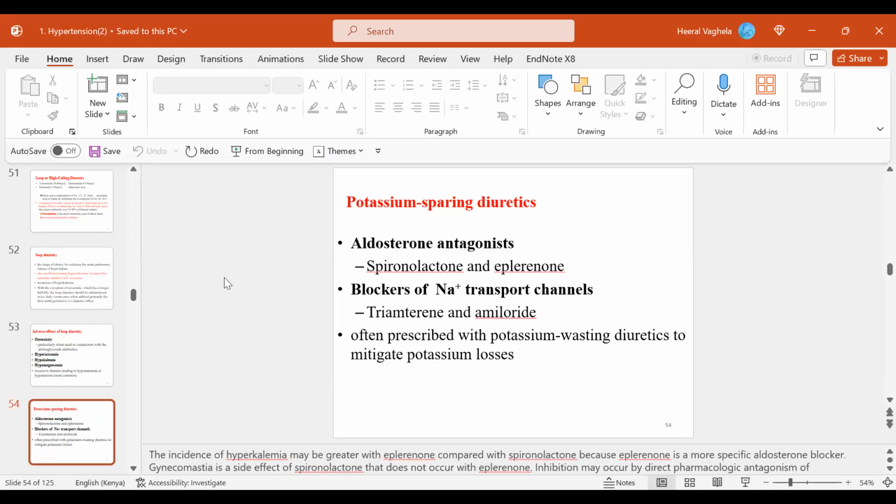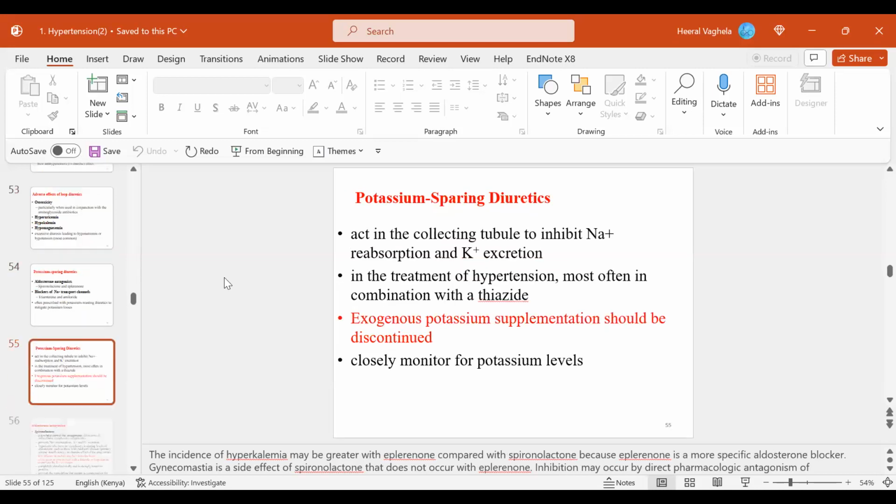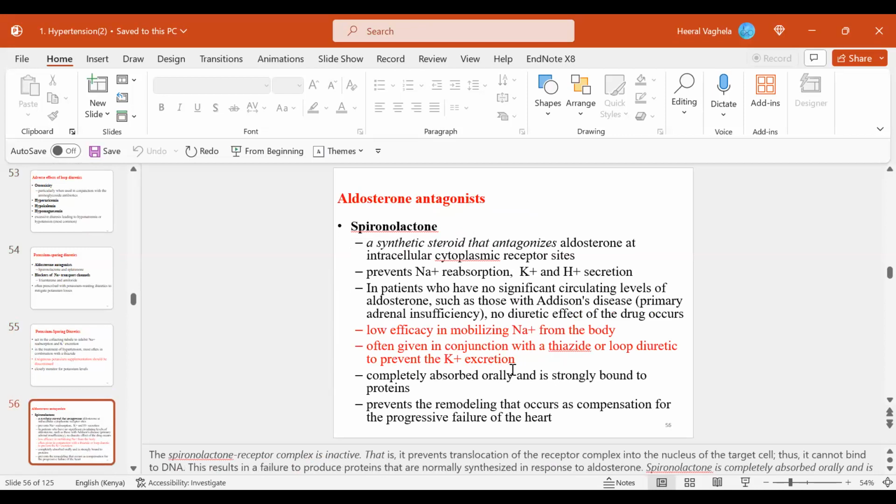Then you have the potassium-sparing diuretics, and you use spironolactone. But one thing about spironolactone is that it's not given in Addison's disease. Why?